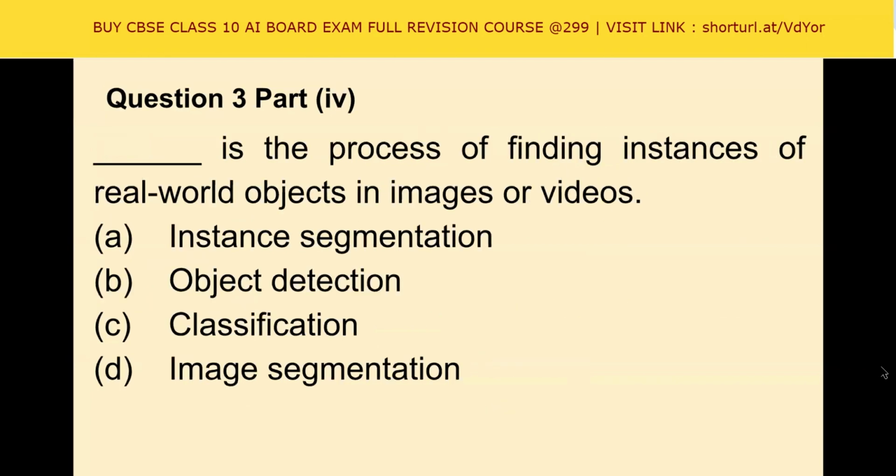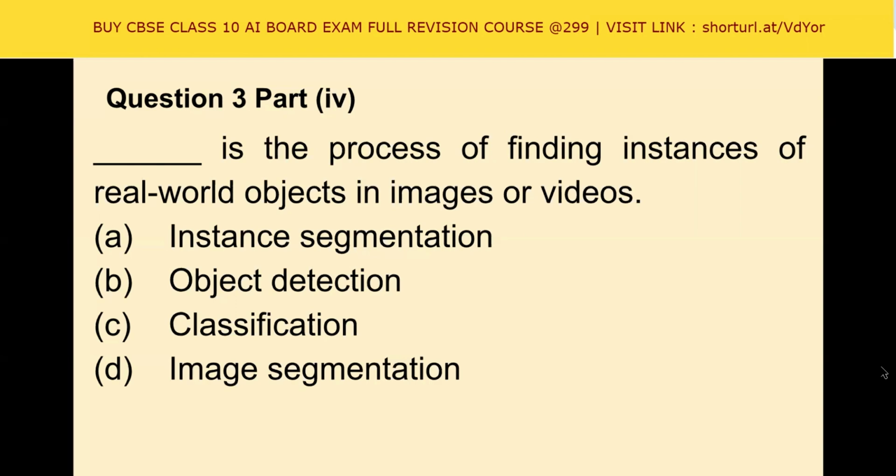Dash is the process of finding instances of real-world objects in images or videos. We have instance segmentation, object detection, classification, and image segmentation. So what will be the answer? See, classification, as I explained first, will classify the entire image into a particular type. Like if an animal is there, it's an animal image or a flower image.